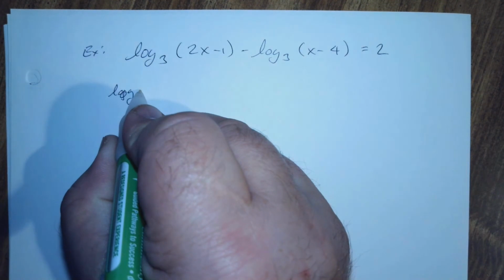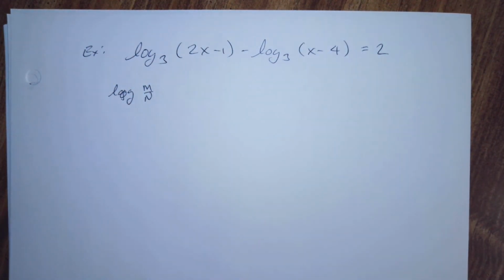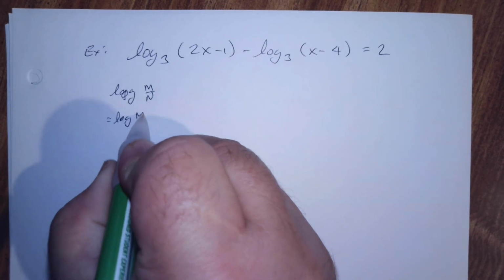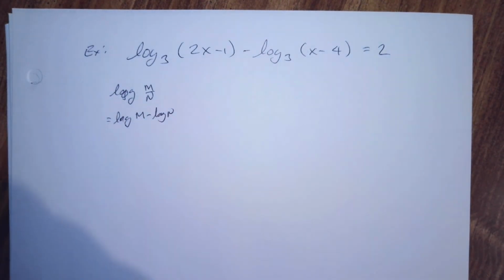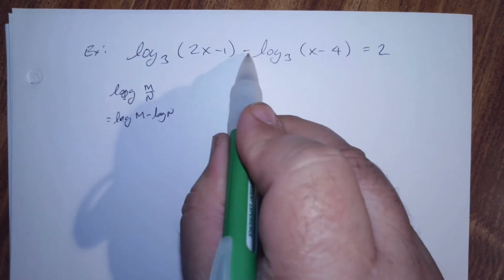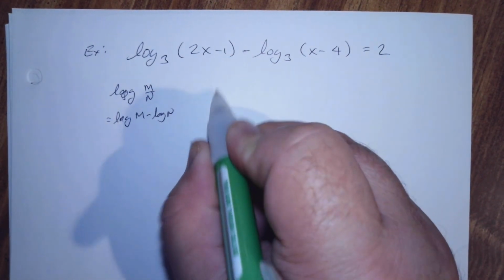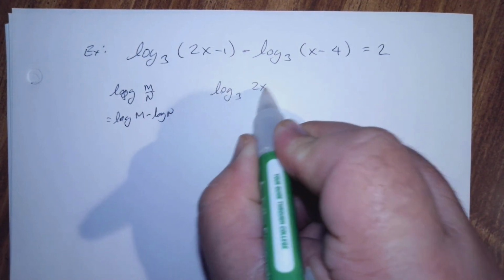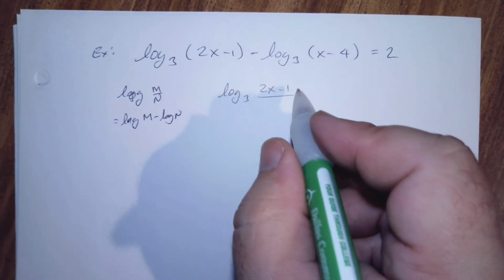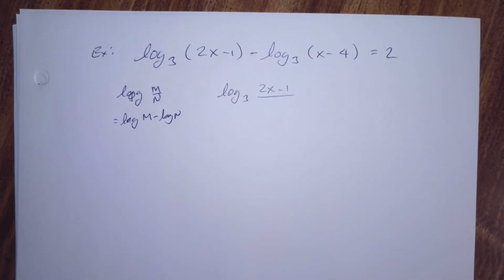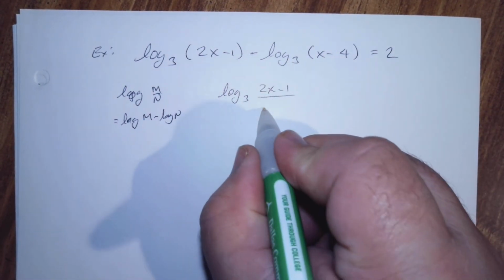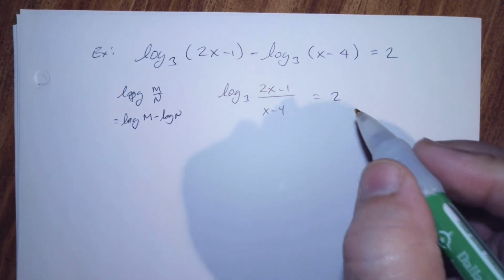If we have m over n, since it's subtraction, I have a fraction. Whatever has a negative from it goes on the bottom. So it's log base 3 of 2x minus 1 over x minus 4 equals 2.